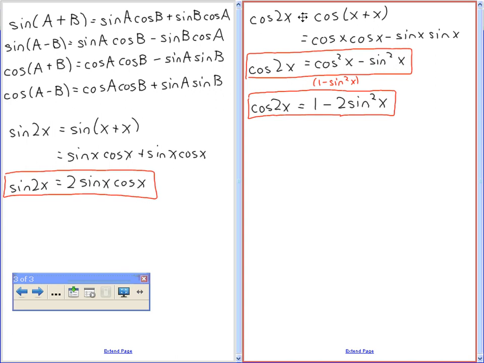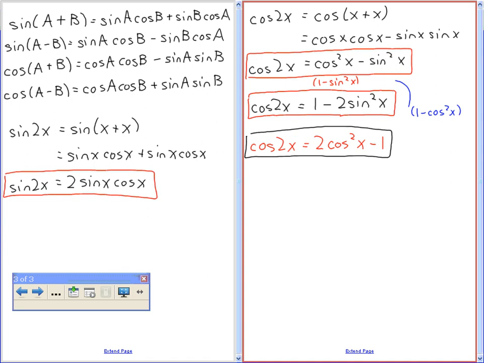So I can go down here and change sine squared x to 1 minus cos squared x, and that's going to give cos 2x equals 2 cos squared x minus 1. Those are 3 ways cos 2x can be represented. You can get these two from the middle one, no problem.